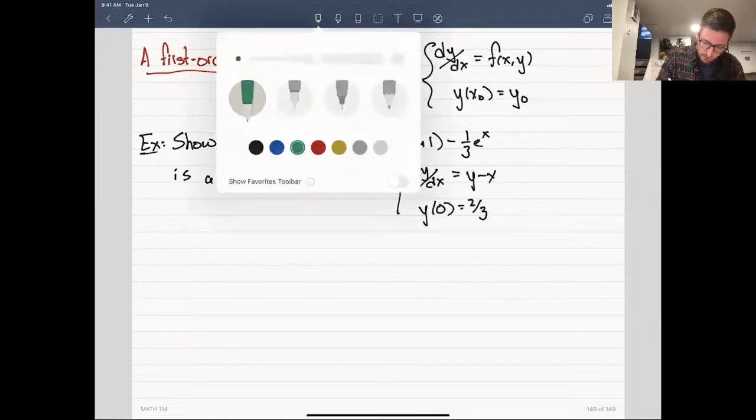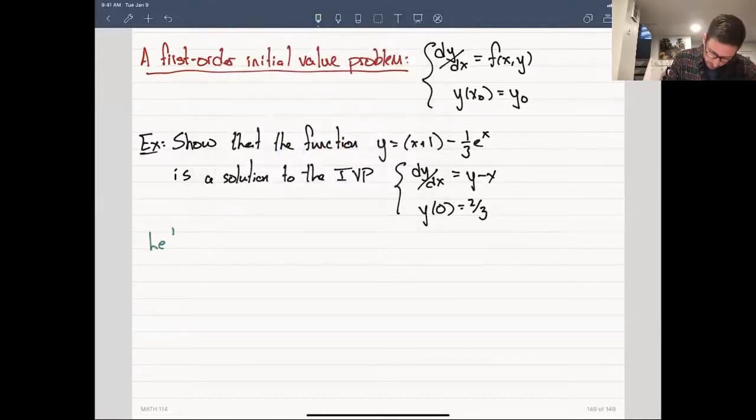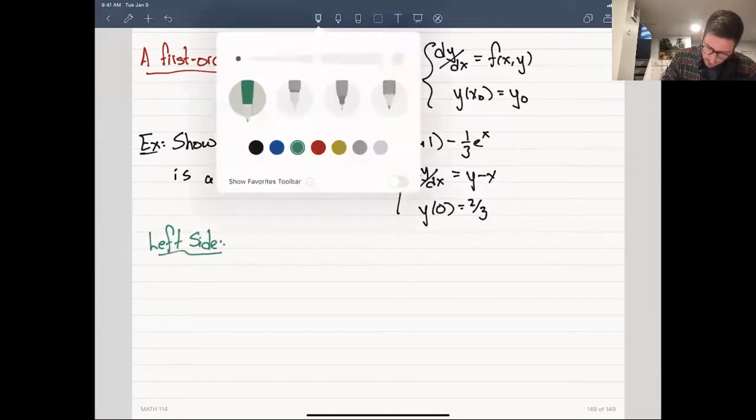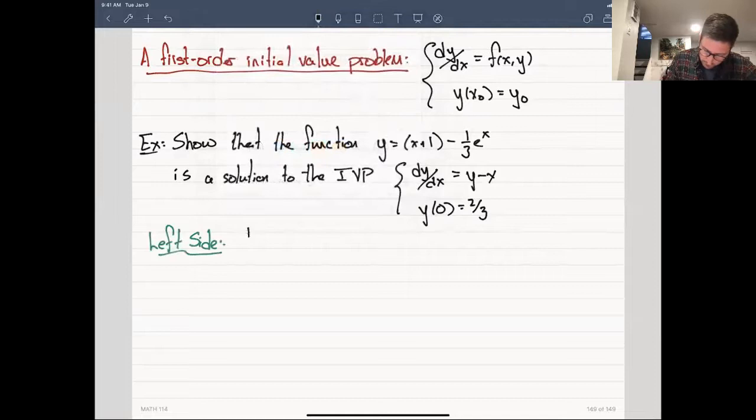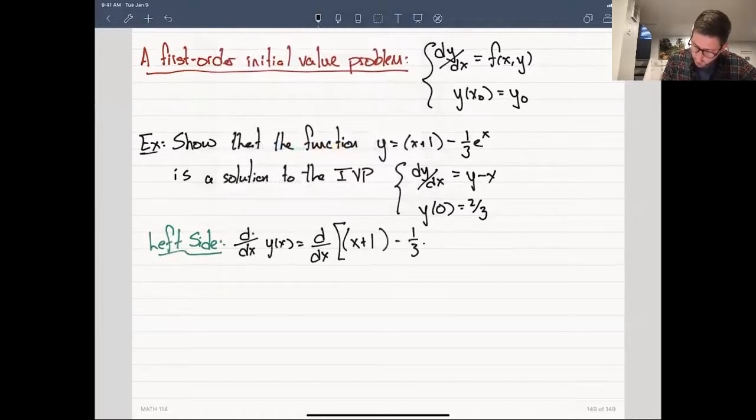So let's start with the left side. In this case, we get the derivative of y. This is equal to the derivative of x plus 1, let's put all this in square brackets, minus 1/3 e to the x, which should be relatively simple for us. So 1 minus 1/3 e to the x.